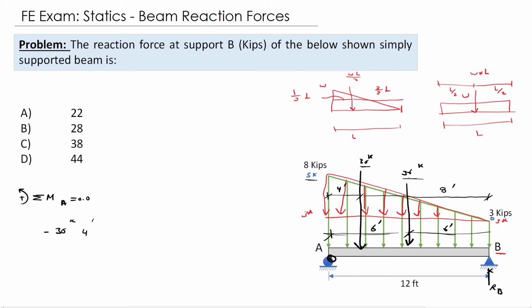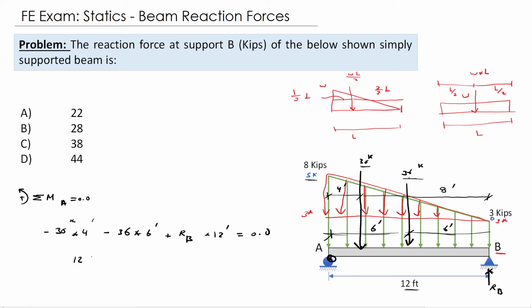And we have 36 multiplied by 6, also in the negative direction. Plus the reaction at B multiplied by the distance, which is 12, should equal to 0.